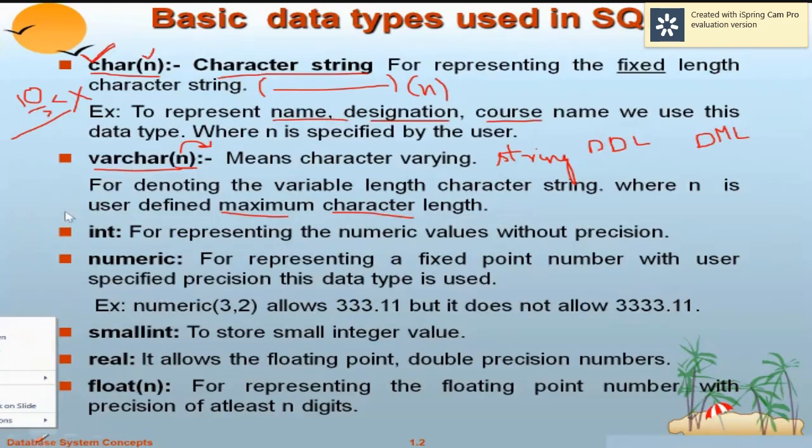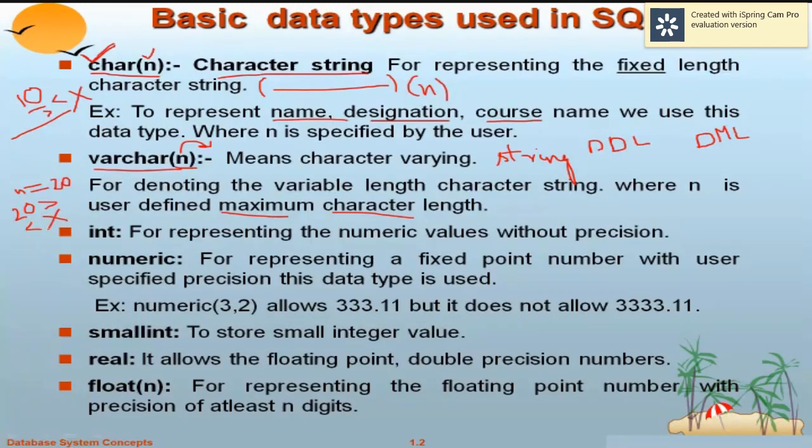I'm fixing the value of n equal to 20. In varchar, it is going to accept all string values whose length is either equal to 20 or less than 20. Beyond that, greater than 20 is not accepted.